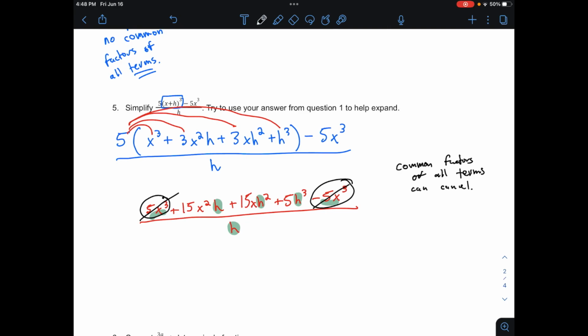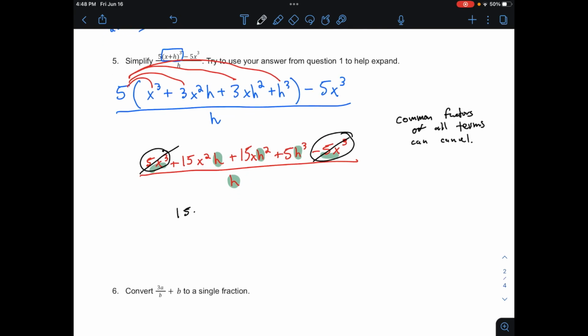So those cancel in the numerator, leaving us with 15x^2h + 15xh^2 + 5h^3 all over h. Now we've got all these terms in the numerator with an h and the term in the denominator with an h. So now we can go ahead and cancel our common factor.